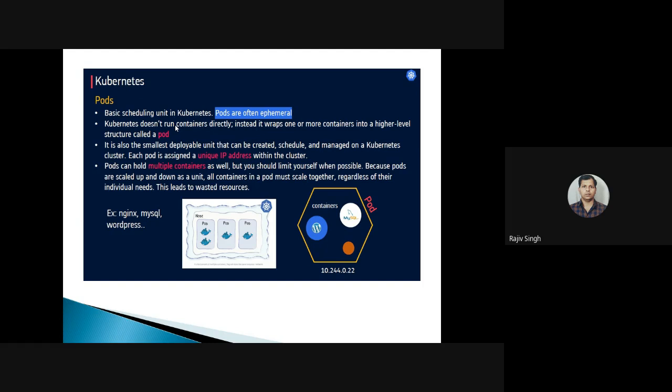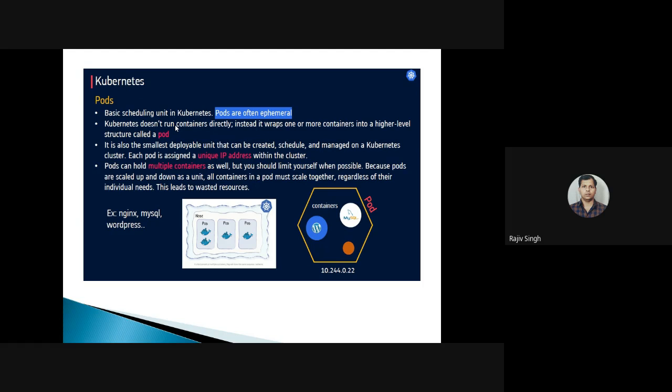Then only they will manage that envelope. Without that tape and barcode, they will not manage your envelope. Likewise, the pod is nothing but the outer boundary of the container. So Kubernetes does not manage the container. Kubernetes can only manage the pods.